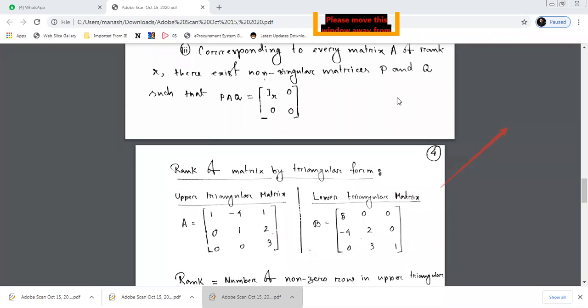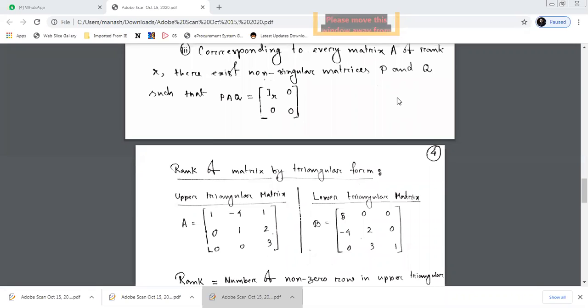The rank of a non-singular matrix is the same as the order of the matrix. Clear?